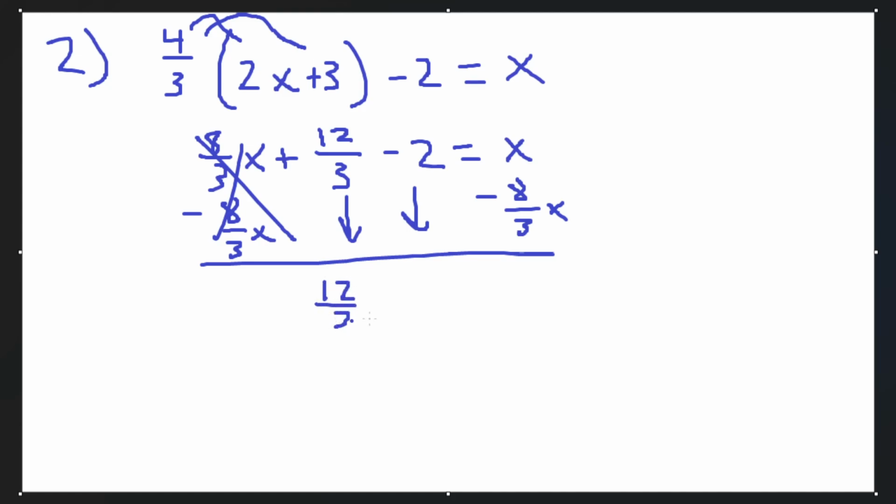12 over 3 minus 2 equal to x minus 8 over 3x, which is another way to say it is 3 over 3 times x minus 8 over 3 times x.